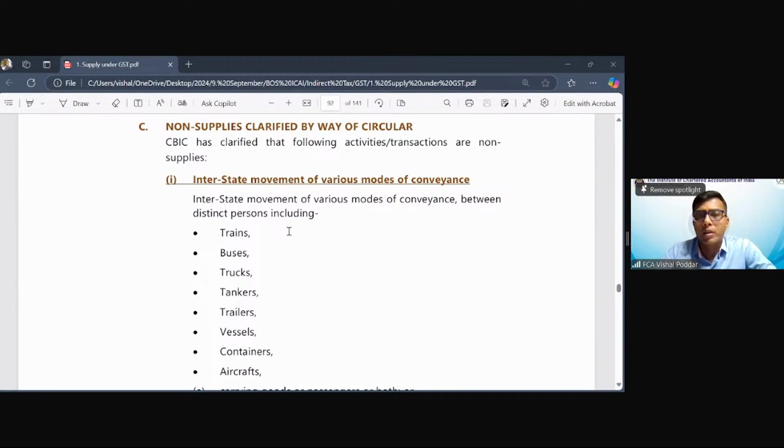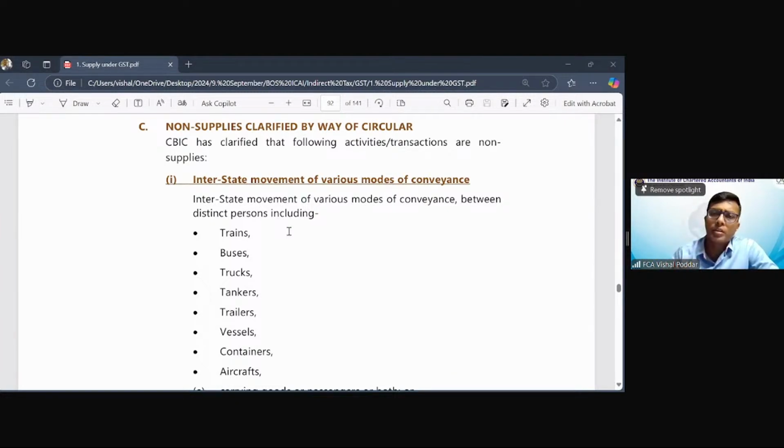I am a transporter. I run my buses. Now, what is my business? Let us say my buses run from Mumbai to Goa, Mumbai to Ahmedabad, Mumbai to Hyderabad. On different routes, my buses are running.